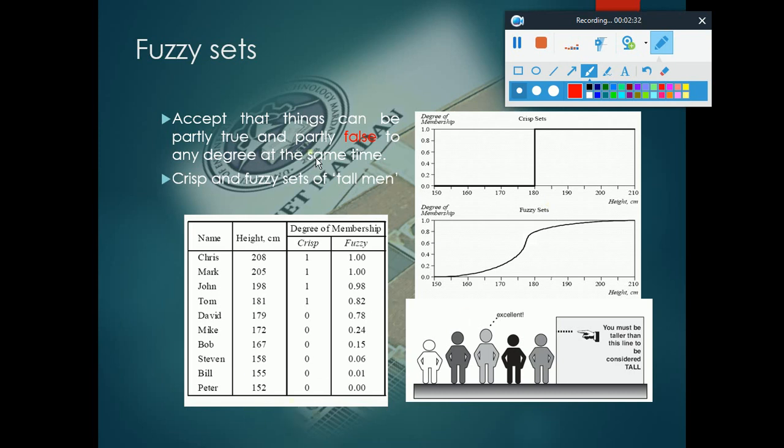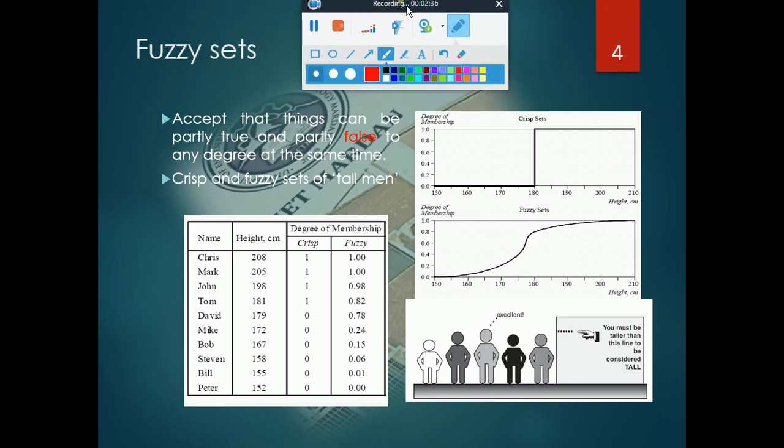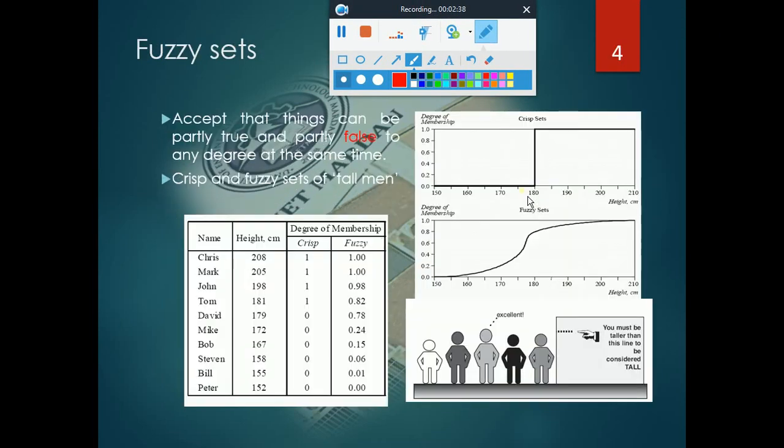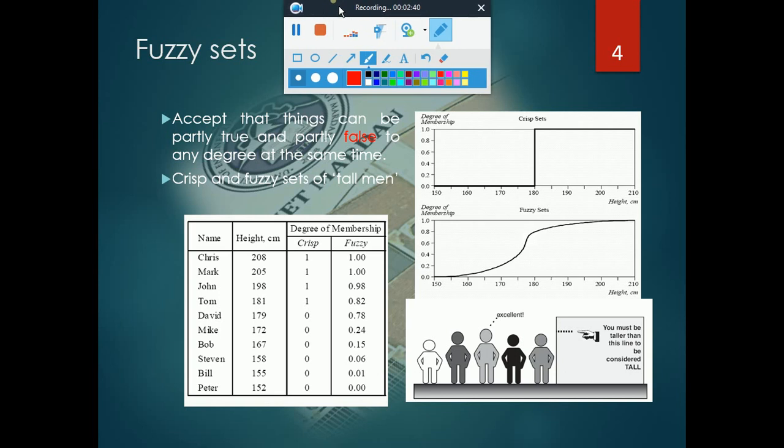So here is an example. We have certain names of people mentioning their heights, and we have degree of membership functions.